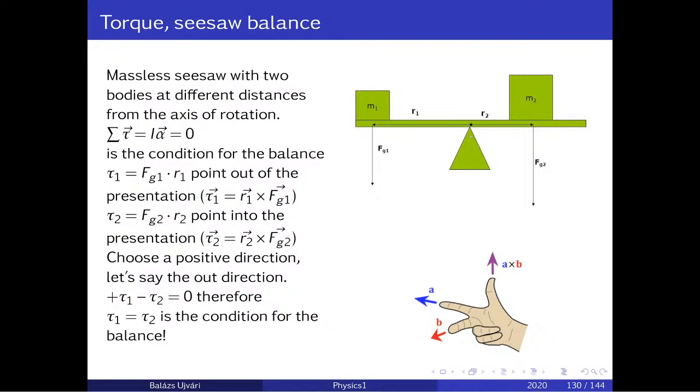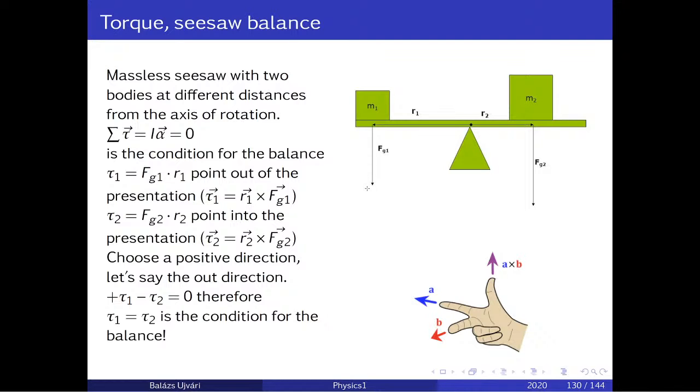Some simple example. So this is a massless seesaw, and we put a body here, another body here, and let's calculate what is the condition for balance. Let's calculate the torque. This is the A vector. If you want to calculate r1 cross Fg1, r is the A vector, B is the mass, and you can use your right hand to find the direction of tau 1.